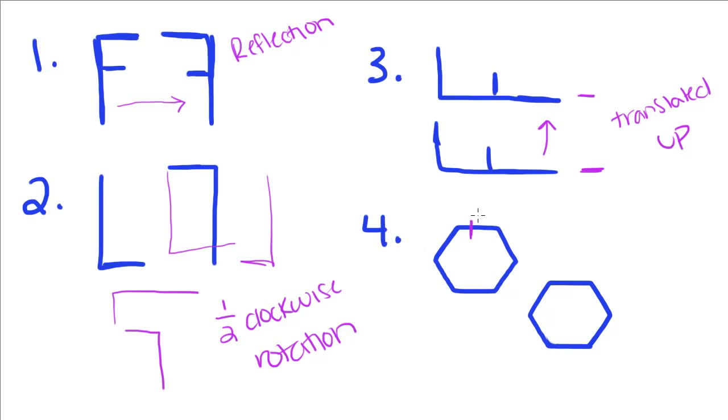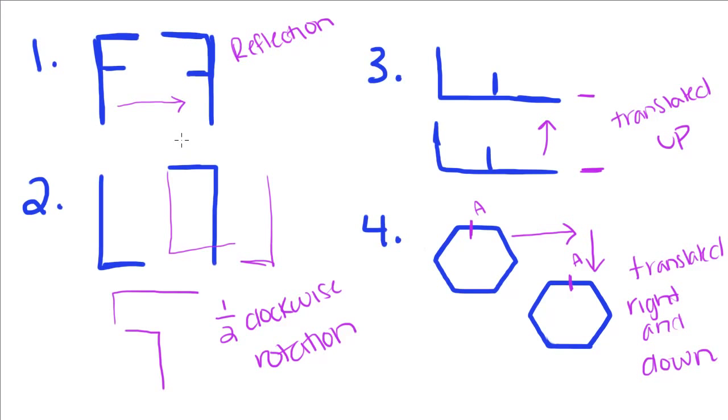And we're just going to call this point A. So point A is here on this hexagon as well. So because A is in the same place on both of them, we know that it was moved right and then down. So translated right and down.